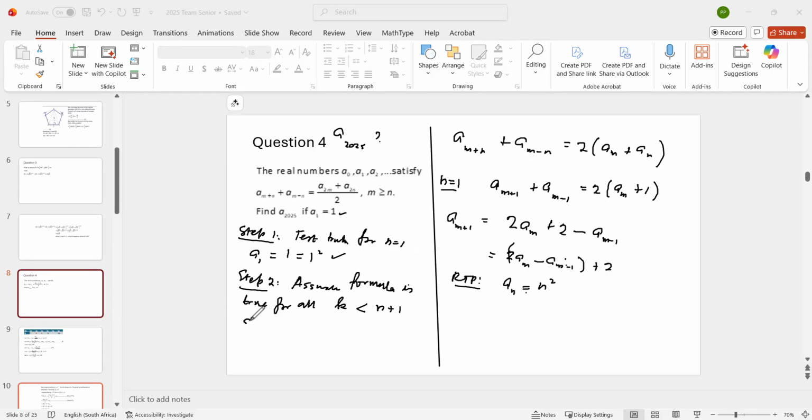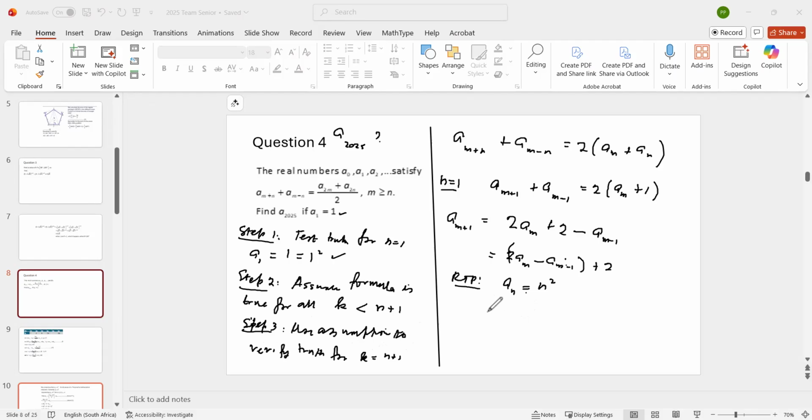Okay, and then step 3, prove. So using your assumption to verify the truth of the formula for k equals n plus 1. All right, so I'm going to calculate a_(n+1).